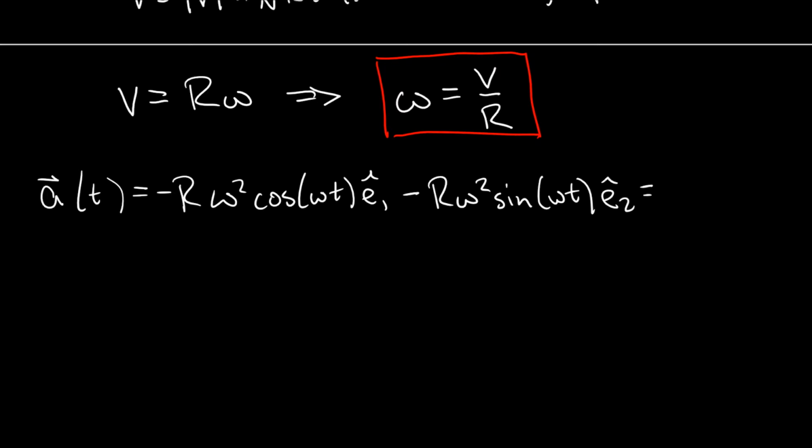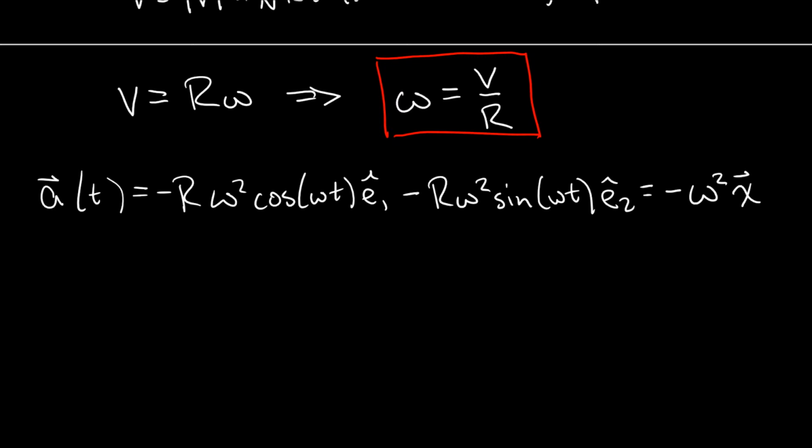But this is just equal to minus omega squared x, our position vector. Right, because our position vector was r cosine omega t e1 plus r sine omega t e2.